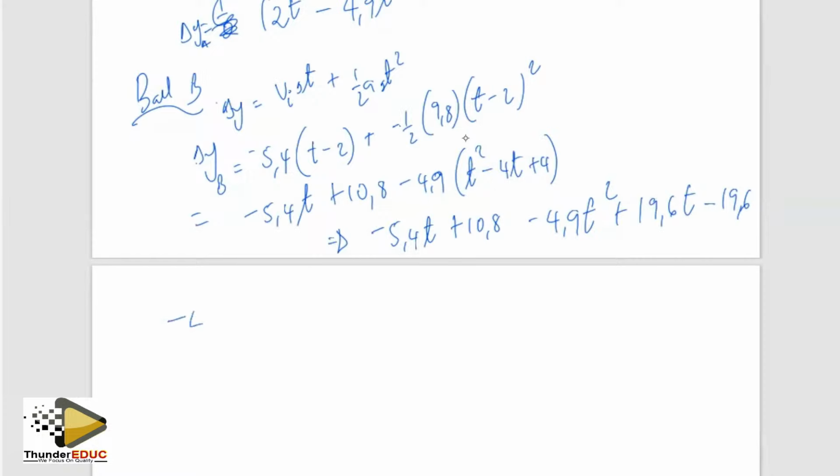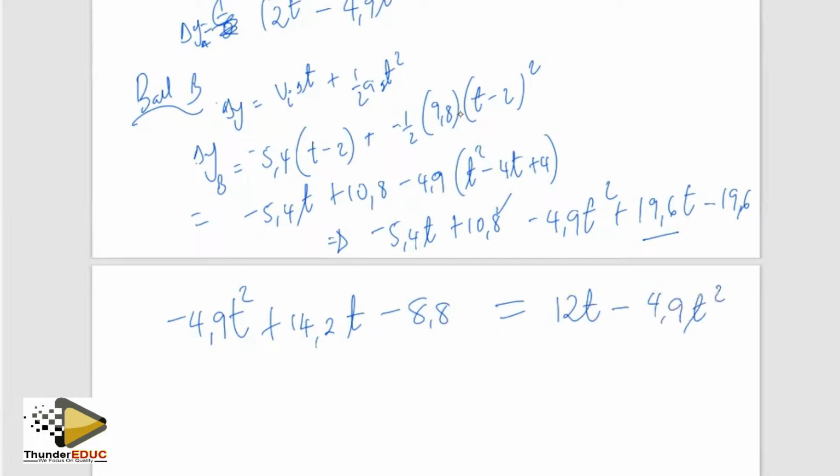Simplifying this further, it's going to be negative 4.9t squared, plus the t terms: 19.6 minus 5.4 gives me 14.2t. And the constants: 10.8 minus 19.6 gives me negative 8.8. I'm equating this to the first one, which was 12t minus 4.9t squared.